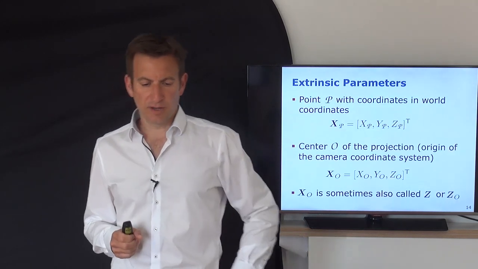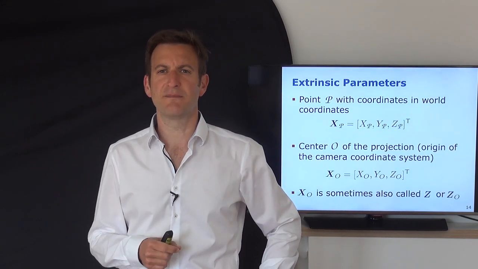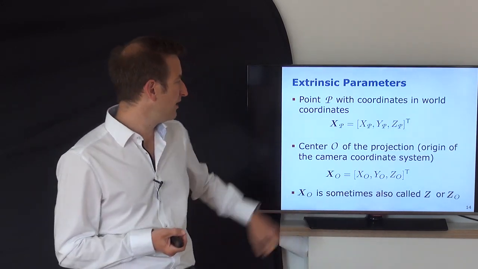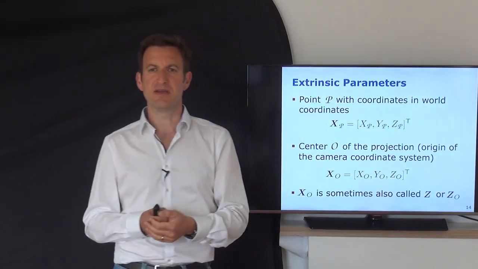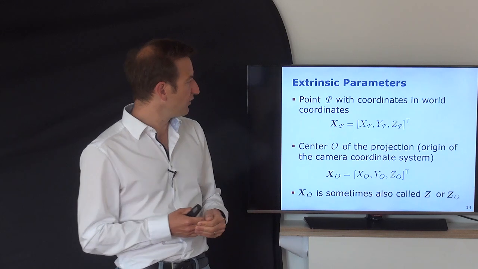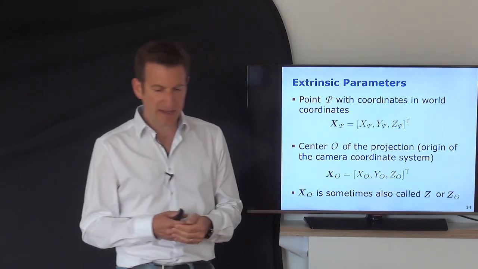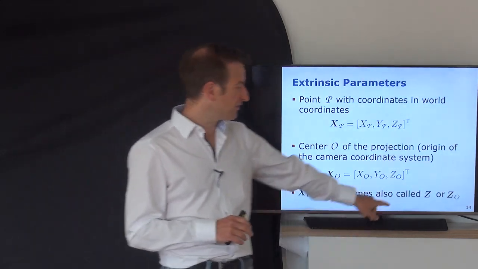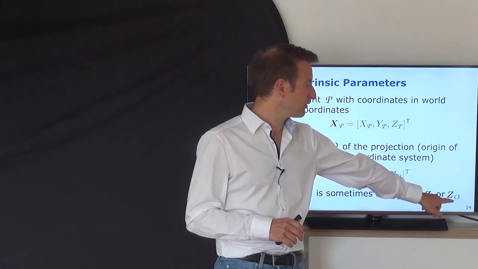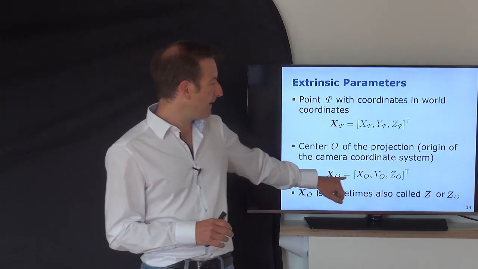Okay, so I can express my point P, which is some point in the world coordinate system, as Xp, Yp, Zp, so it has 3 coordinates. And what I also have is the projection center of my camera, which is typically referred to as X0. Depending on the literature, it's also sometimes called boldface Z or Z0 for the origin of the camera. I will be using X0 here.